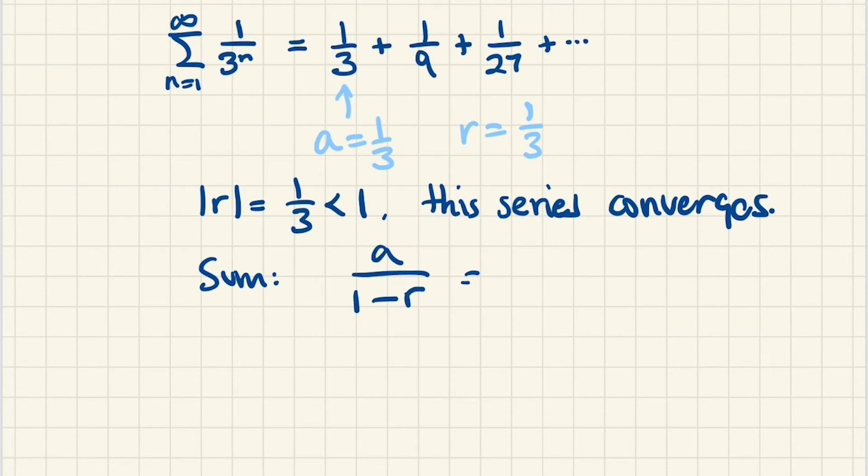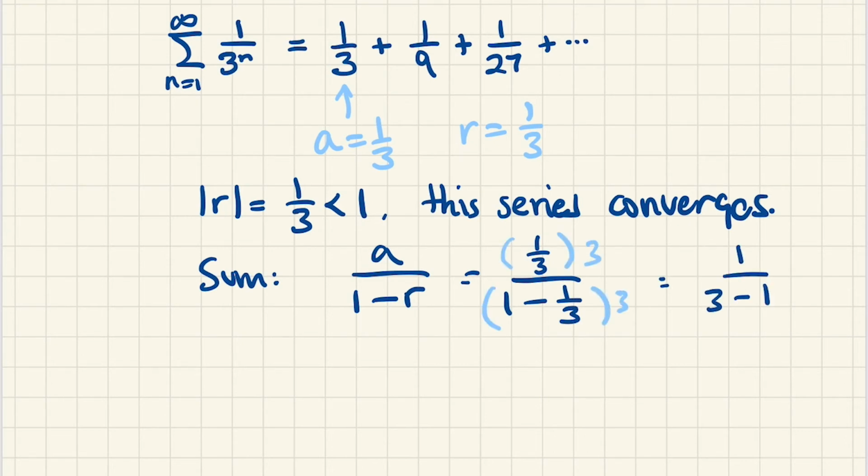And its sum, which is a over 1 minus r, would be 1/3 over 1 minus 1/3. So we get 1 over 3 minus 1, which is 1/2. Okay, very good.